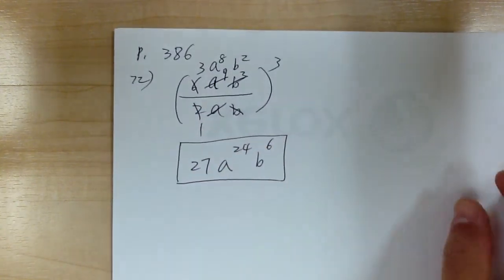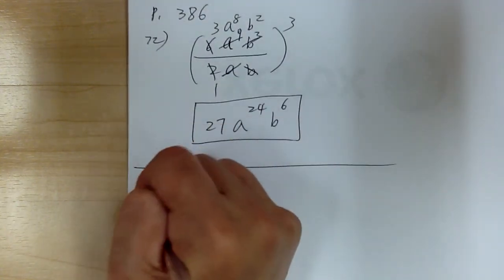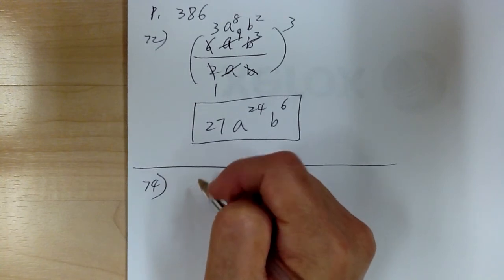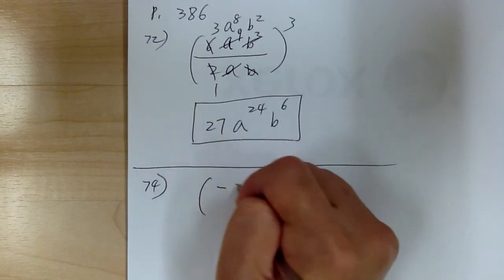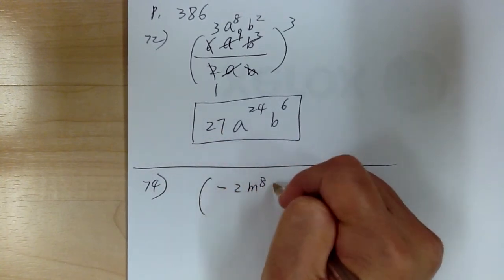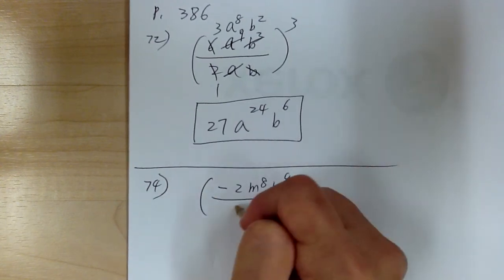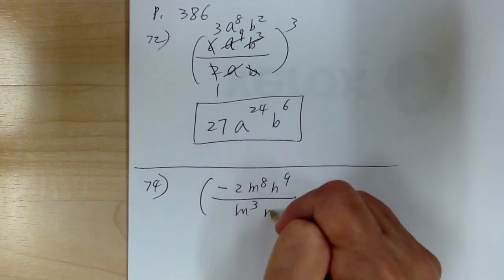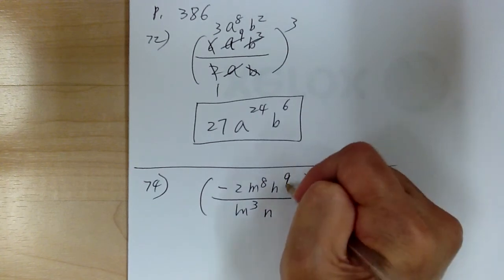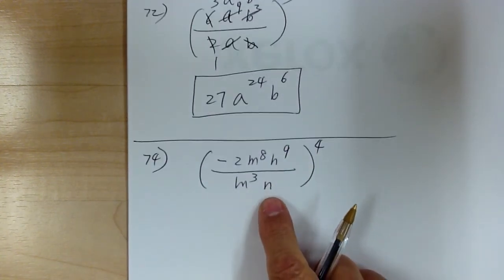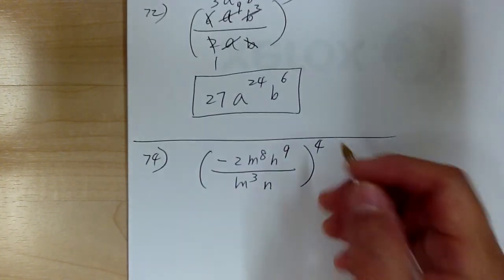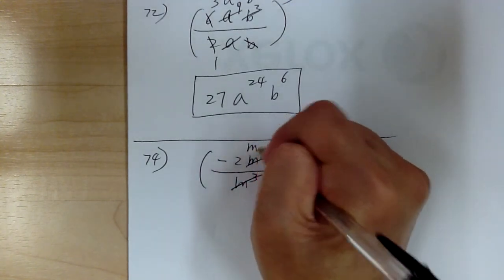So again, there are many ways you can do this kind of problem. Okay, let's go to 74. You have (negative 2m to the 8, n to the 9, over m cubed n to the 4) to the 4. Again, there's no negative exponent, so it's easier if you cancel things out first. So this cancels out, you get m to the 5.